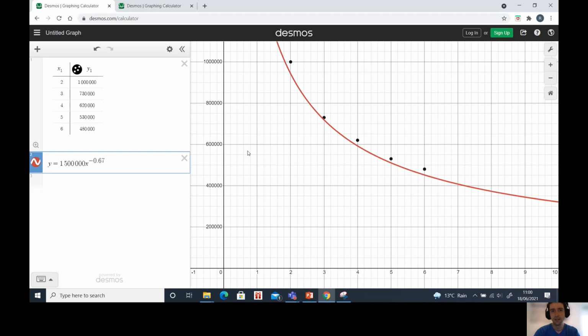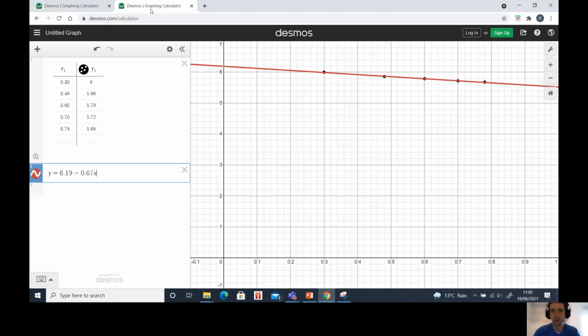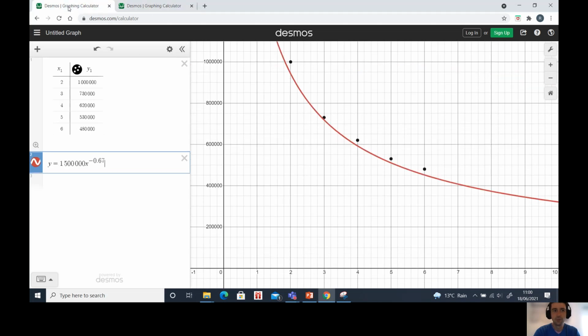And as you can see, that curve is pretty close to those points there. It's not as close as the linear graph that we've got on our other Desmos tab. The reason for that is we've rounded this value of a fairly significantly, but we needed to do that to fit in with our original data.